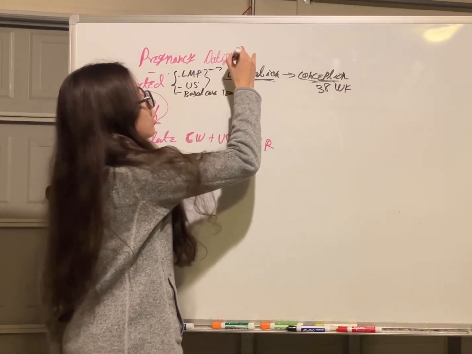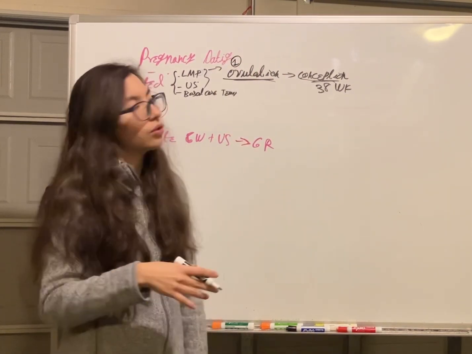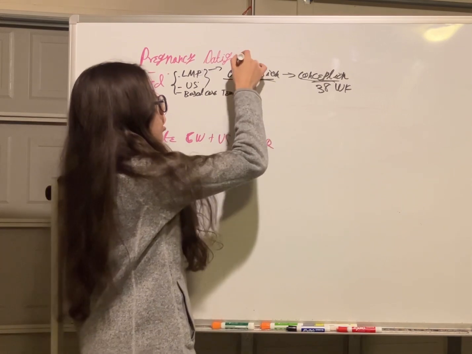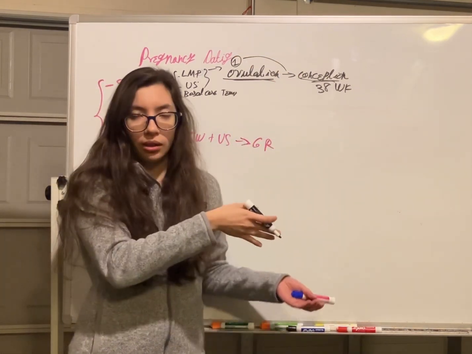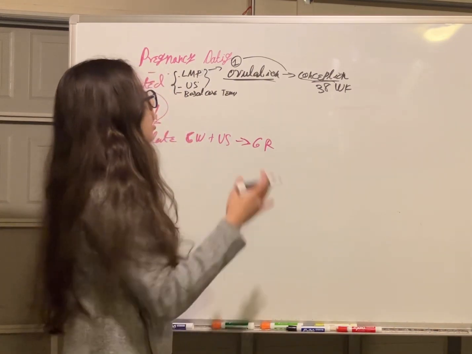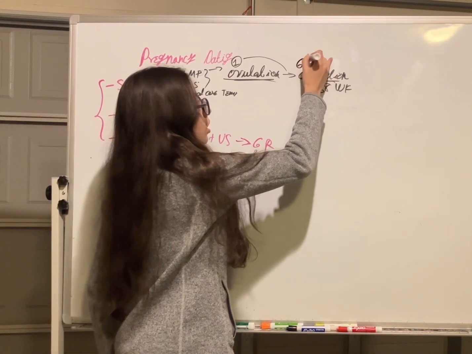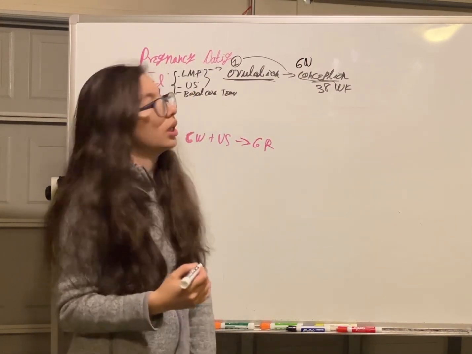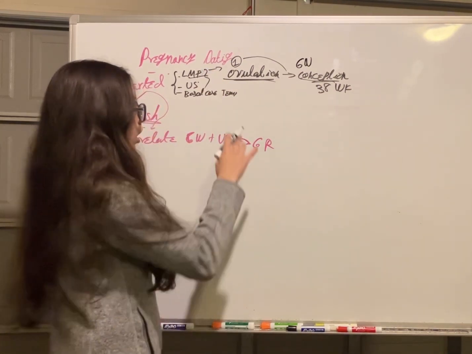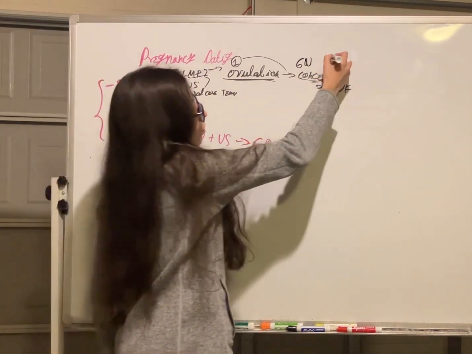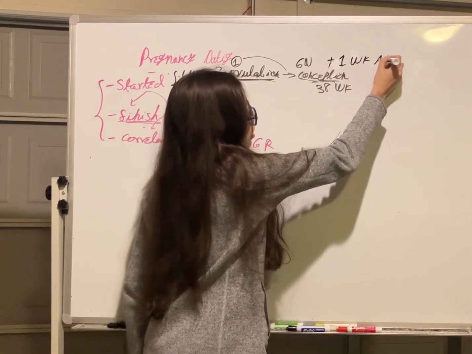So we take the first day of the last menstrual period until the date the pregnant woman presents at the prenatal visit, and we say that is how many gestational weeks the woman is, based on the last menstrual period. This is accurate to plus or minus 1 week.